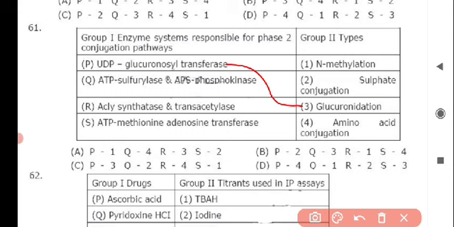And for ATP sulfurylase and APS phosphokinase, the correct answer is option number 2, that is sulfate conjugation. For acyl synthetase and transacetylase, the correct answer is option number 4, that is amino acid conjugation. And for ATP methionine adenosyl transferase, the correct answer is option number 1, N-methylation. So for this question, the correct answer is option number C.